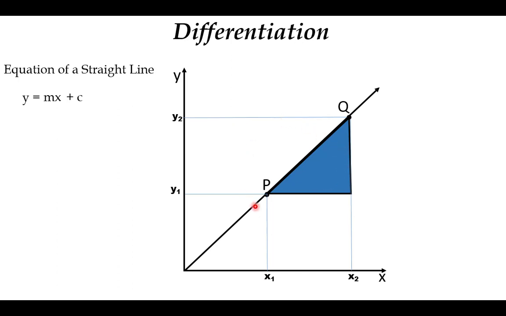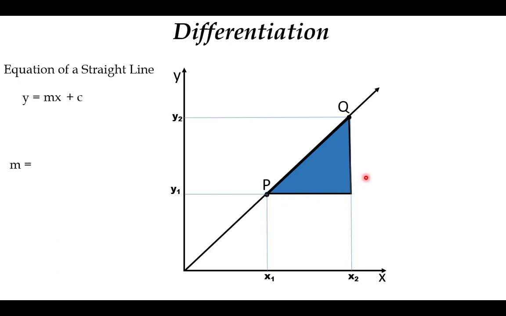Based on these 2 points, we can calculate the slope for this line. And remember, the formula for finding slope: slope m is equal to the change on your vertical axis over the change on your horizontal axis. Sometimes some people call it rise over run.